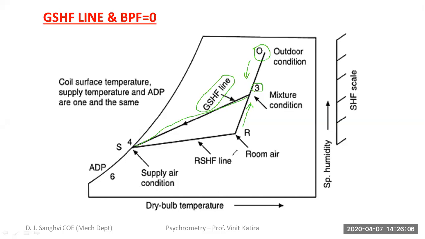Sir, how will we get point number 3? Okay, I'll repeat again. See, you have your outdoor condition or your outdoor air. Let us say the outdoor air is at 38 degrees. Just write it down over here.